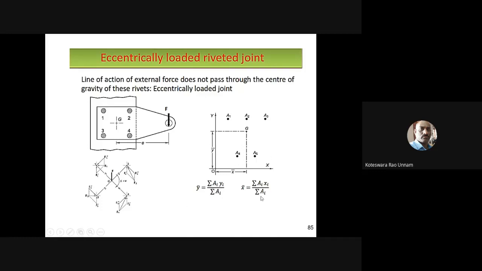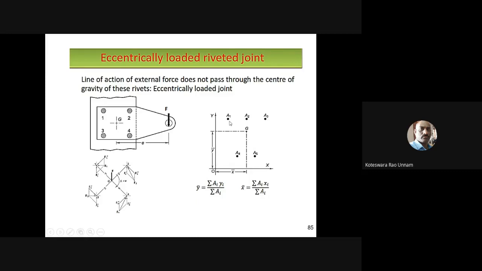Now if I apply that formula here, the ai and ai will cancel out each other, then x bar is nothing but x1 plus x2 plus x3 plus x4 by sigma, the number of rivets only. In place of sigma ai, you will get the number of rivets. So that means sigma xi divided by n. Similarly, your y bar is sigma yi divided by n.